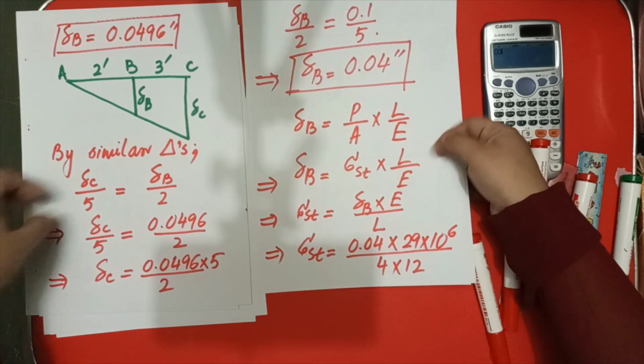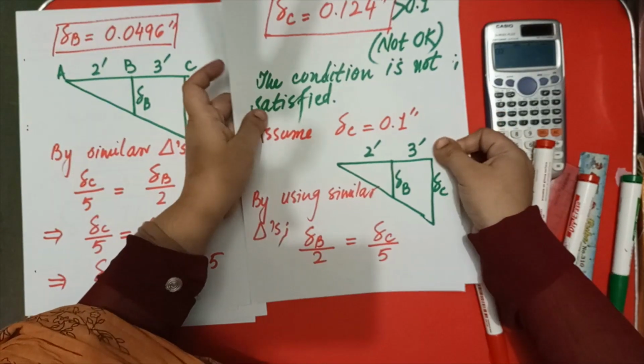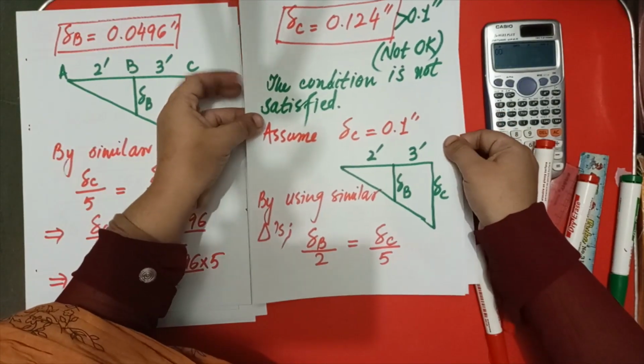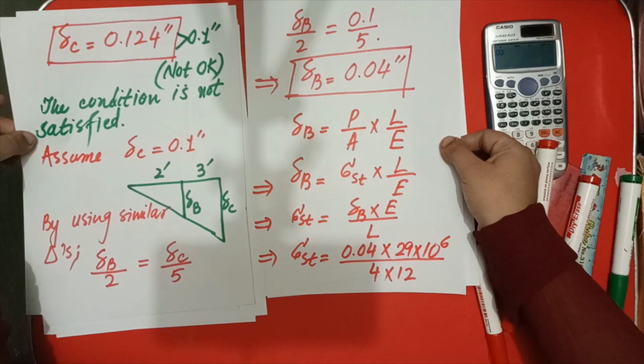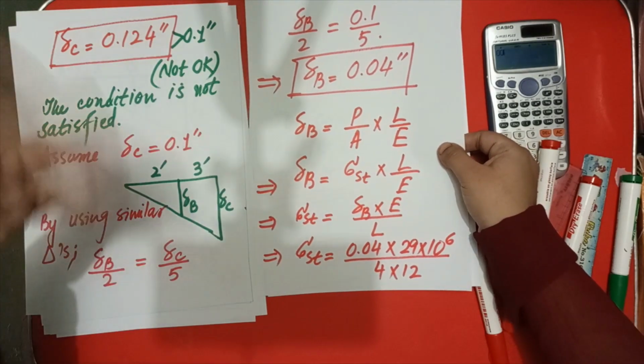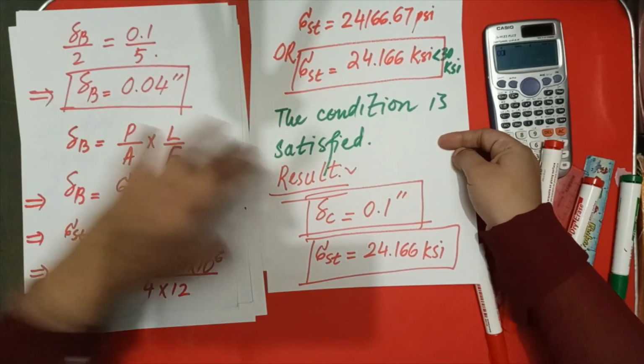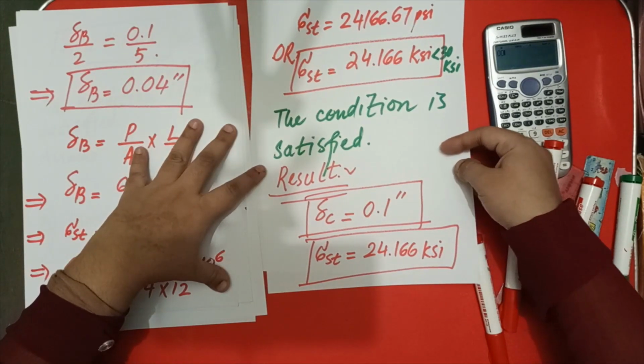This one is the next page. You can see here. After that, we find out delta B by assuming that delta C equals 0.1 inches. Then we got our value and the condition is satisfied.